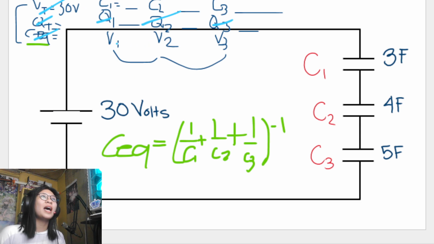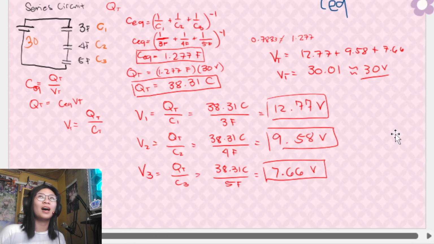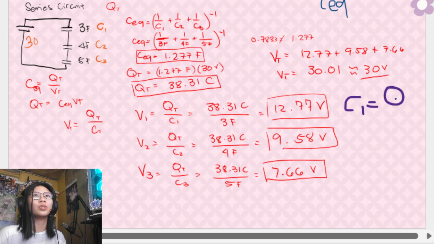Okay, so with that, we can get the individual voltages of our capacitors. So, gamitin na po nato ang capacitance formula. But instead of the totals, katong atong gihimuan ni diri is total man ni sila. We will go with the individuals. Okay? C1 or C is equal to Q over V. So if we're looking for V1, then we will use the C1 and the Q1.